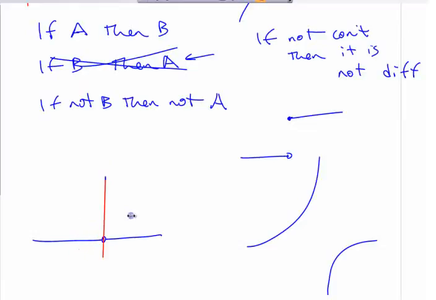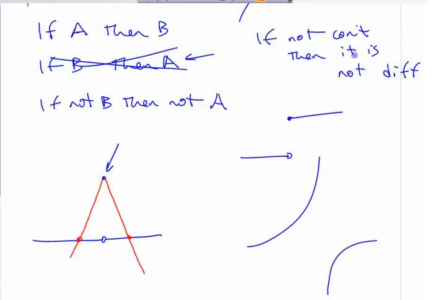Infinity, right? What if I go to the other side? What's the derivative as you approach from this side? Negative infinity, right? That's not differentiable there, right? Because of this point up here.